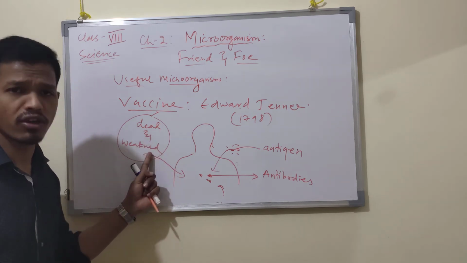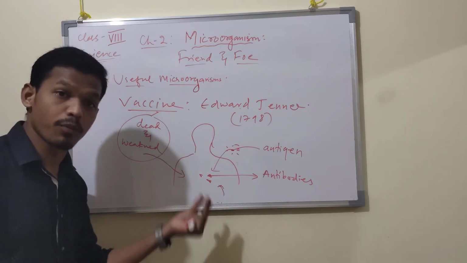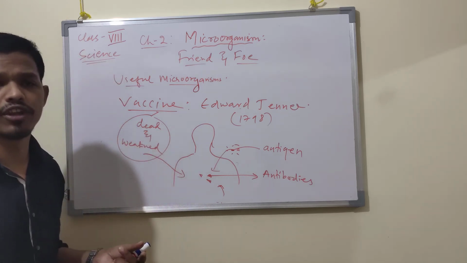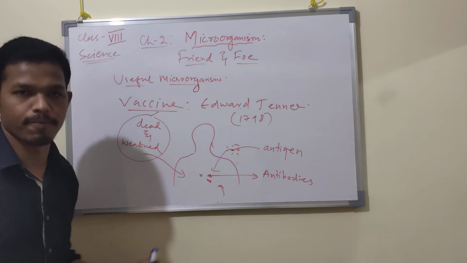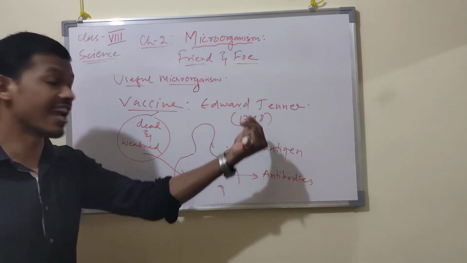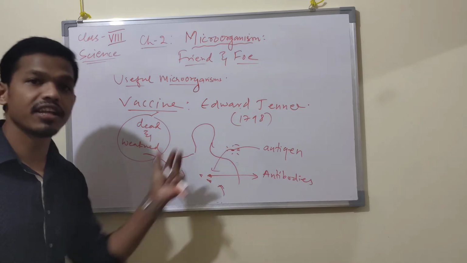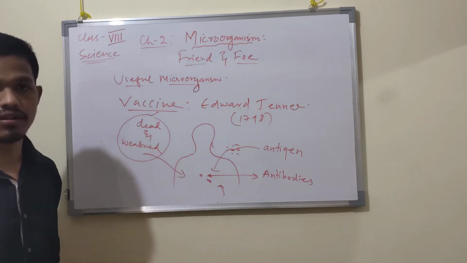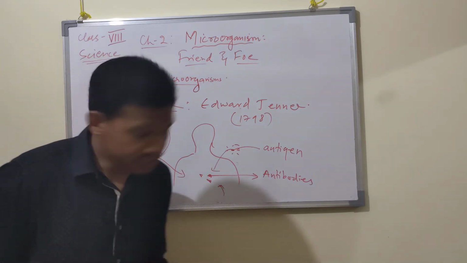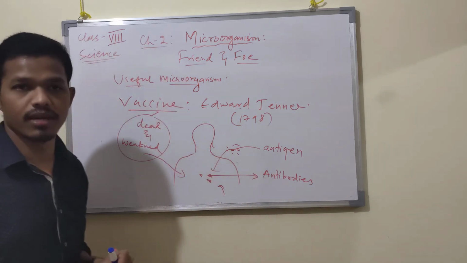Those antibodies can stay for a longer period, even forever. So when similar microorganisms enter our body again, it can defend. This is how a vaccine works in our body.